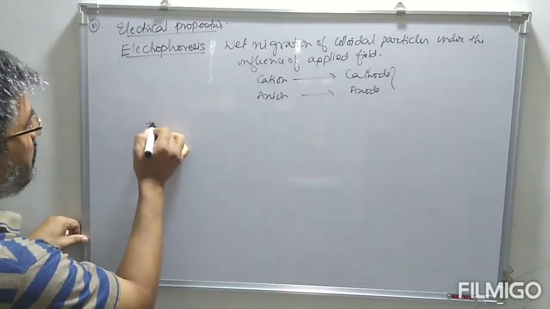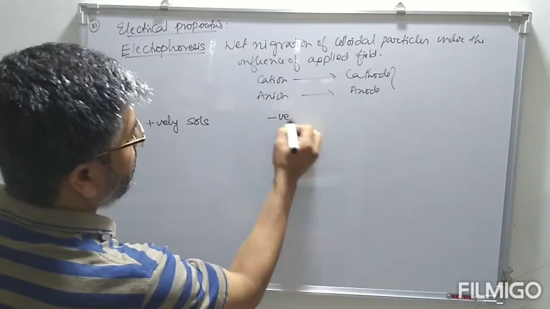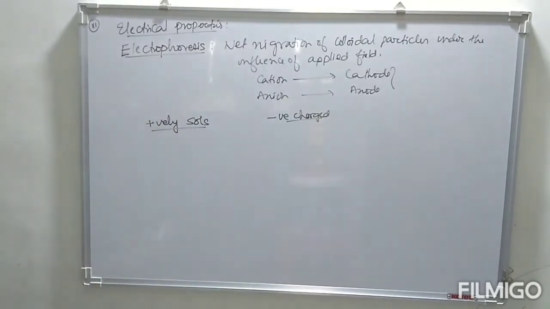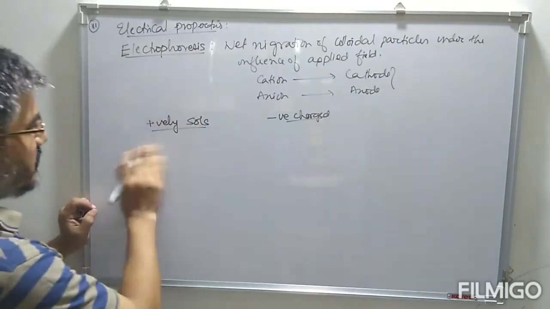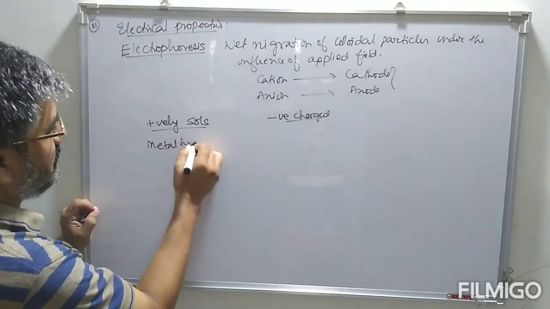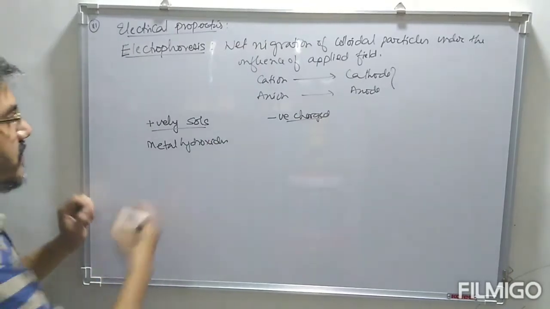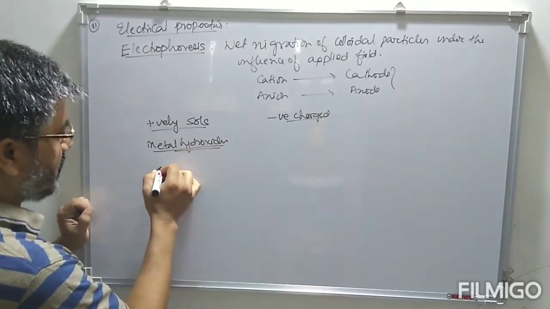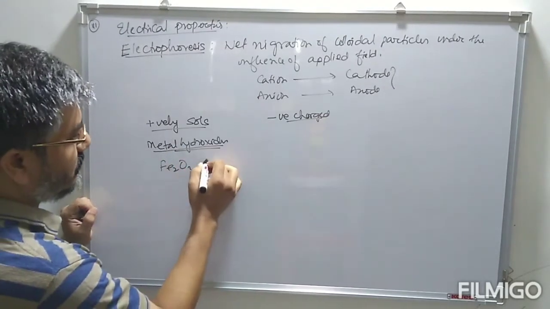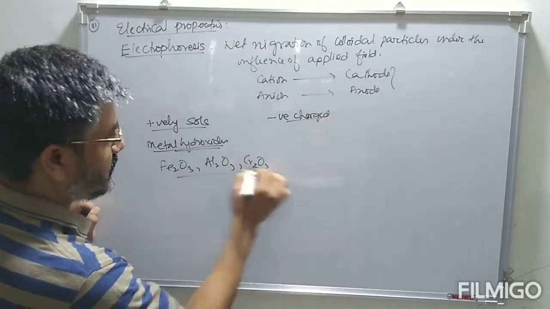So we have positively charged colloidal solutions and negatively charged colloidal solutions. Positively charged ones are metal hydroxides, such as Fe2O3, Al2O3, Cr2O3.